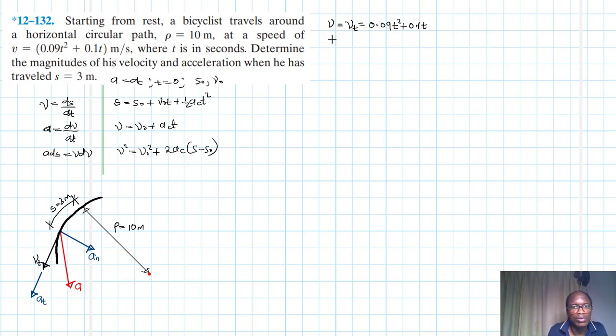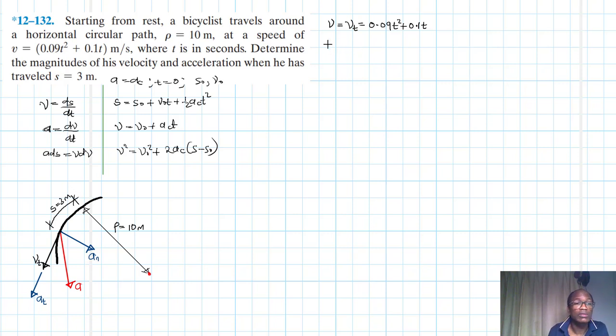And rho is equal to 10 meters. From this we are able to determine a_t, and the important thing we need here is the time. Once we have the time, then we can calculate the actual numbers.